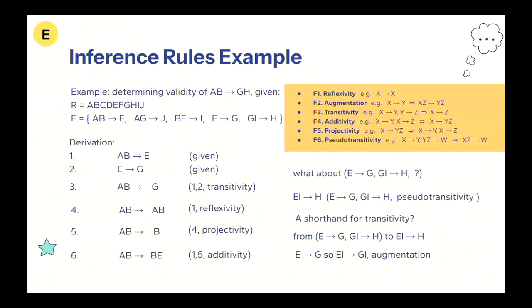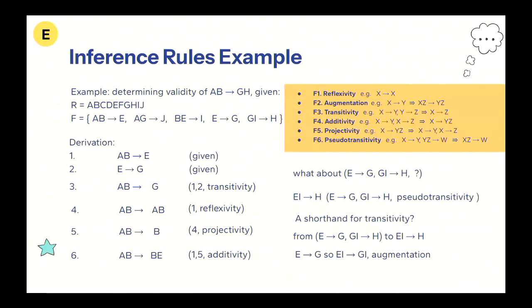So let's first consider the rule E determines G. E determines G can give us EI determines GI using the augmentation rule. So we can add a value on both sides, and that value is I here. We can get EI determines GI using augmentation.